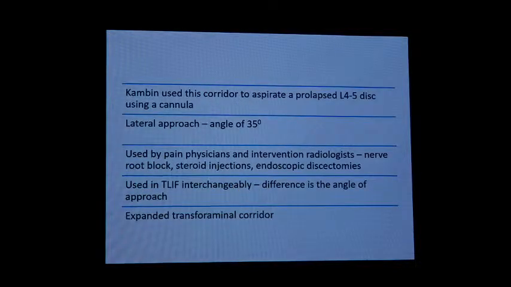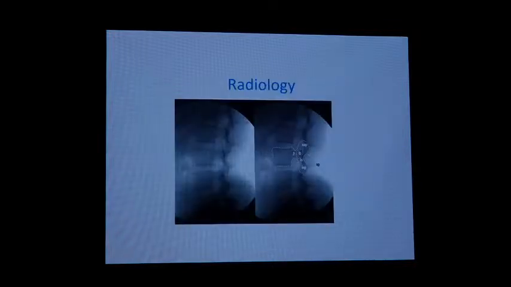This is a very common corridor that has been used by pain procedures and also for TLIF and for the expanded transforaminal corridor. Again, to stress the points of importance: this is the body, the pedicle, the transverse process, superior articulating process, the spinous process, the pars interarticularis, and the inferior articulating process.